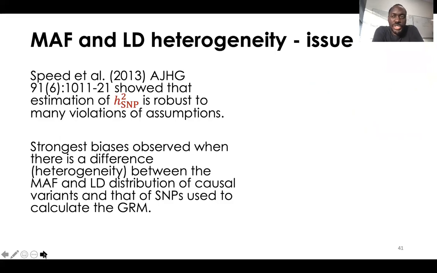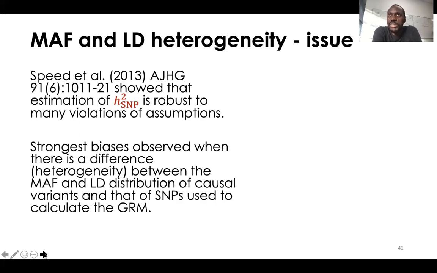So now I will turn to a third bias, which has been recognized, I think, in 2013 in the paper by Speed and colleagues published in the American Journal of Human Genetics. And in that paper, they were revisiting a number of assumptions underlying the GREML model.